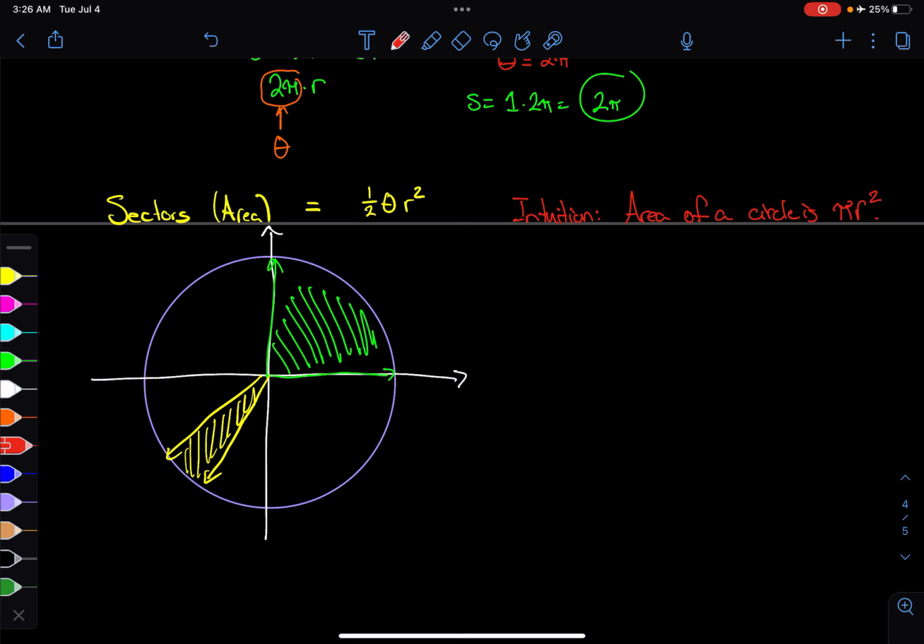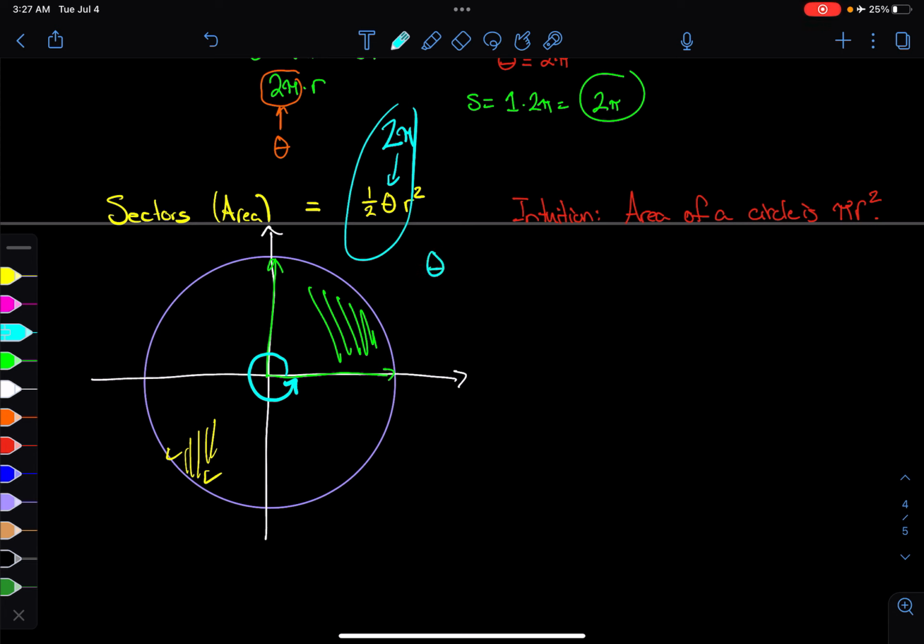And this kind of makes sense because if I take this formula and say for the entire circle, if I ask what is the area of the entire circle, then theta here is 2 pi, and we would cancel out the 2's with the 2 in the denominator, and we'd just be left with pi r squared for the area of our sector. So again, this formula kind of matches.